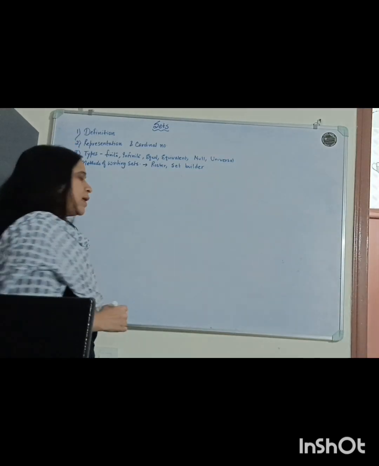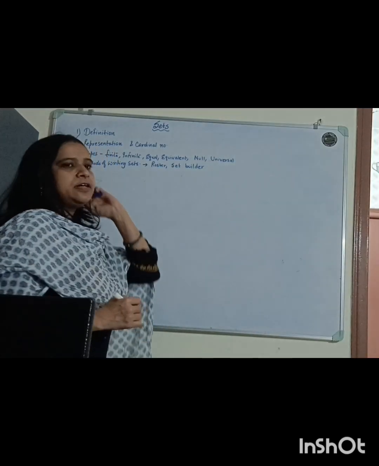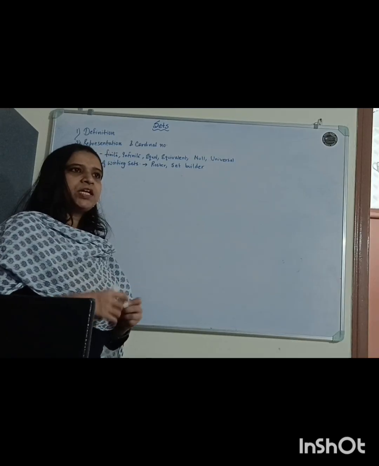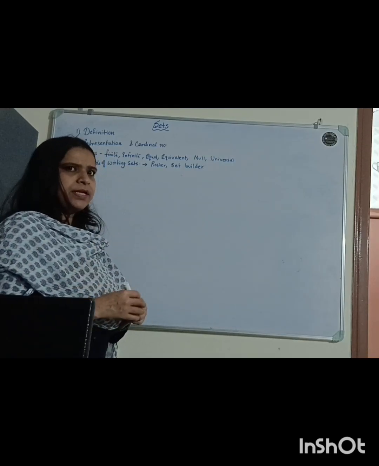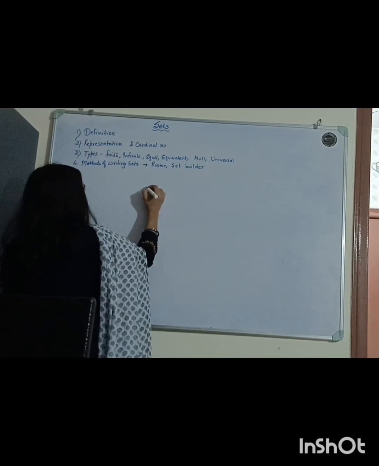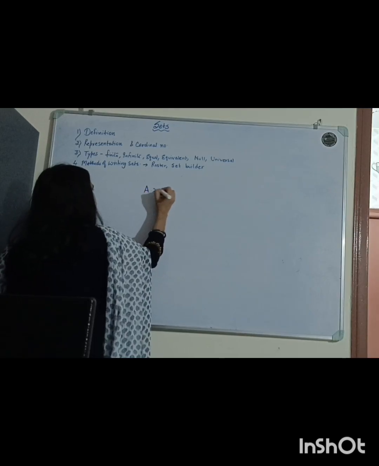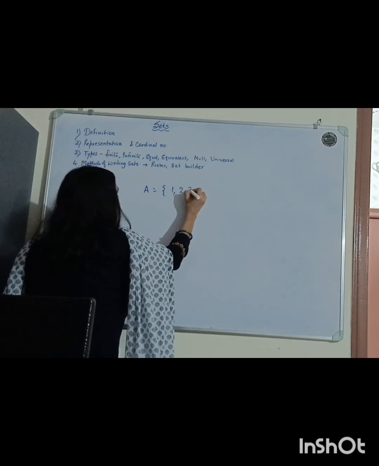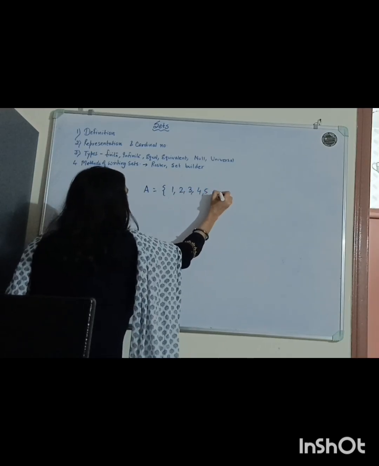I am giving you one example. Suppose the set equals the collection of all natural numbers. So we can write 1, 2, 3, 4, 5 like this.